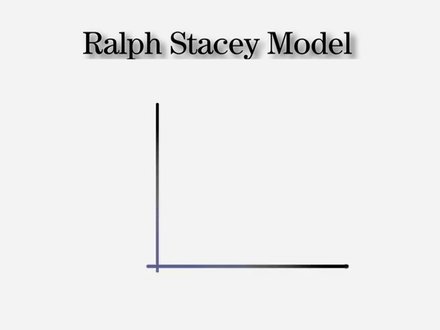So as you can see in the graphic, in Ralph Stacey's model, there are two axes to pay attention to. The vertical axis is the level of agreement that a group has around a particular issue or strategy as it moves forward. As you can see, 100% agreement is all the way down at the bottom, or the intersection of your two lines. So that would mean that a whole group agrees of what should be done.